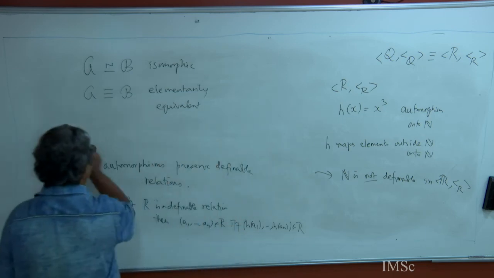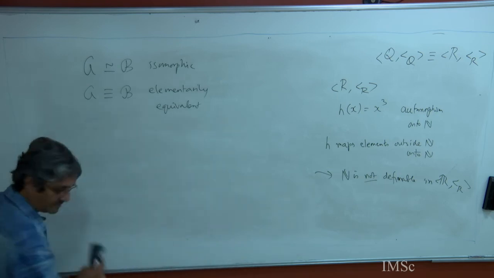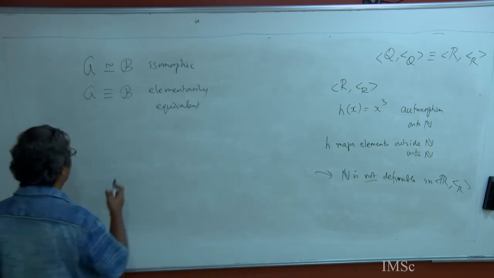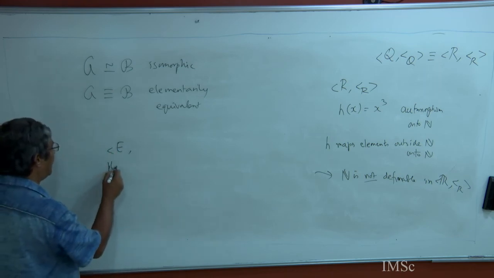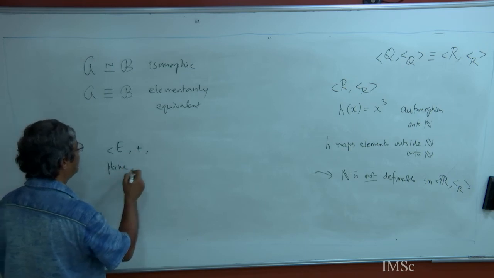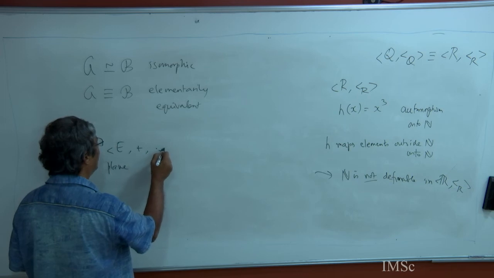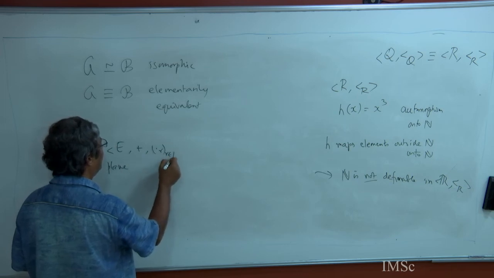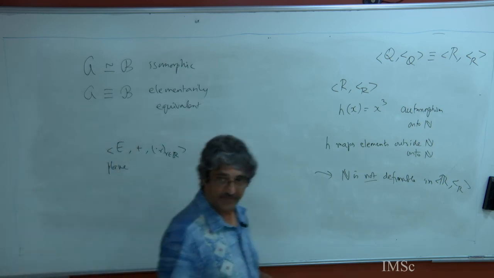For instance, if I have vector spaces, if I have the plane and addition of vectors and scalar multiplication by R, this is the structure that you take.